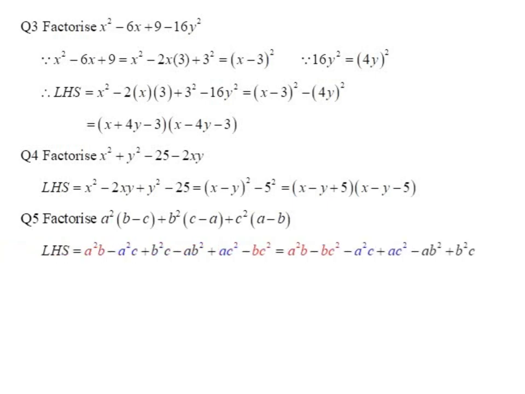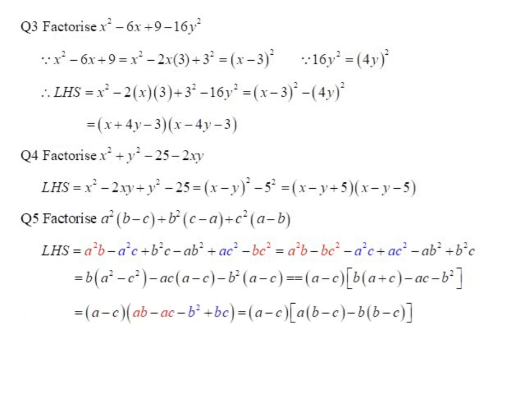However, we can try to expand these terms and then find the terms with the same color can be grouped together, and in this way there is a common factor in each group, which is a − c. After taking out this a − c common factor, the remaining terms can be further regrouped, and b − c is a common factor between them. Finally, we complete our factorization task, and the result is displayed here.